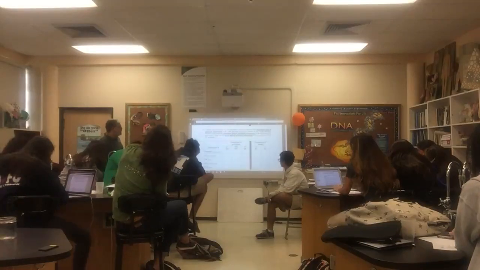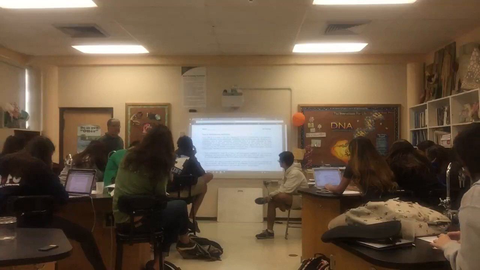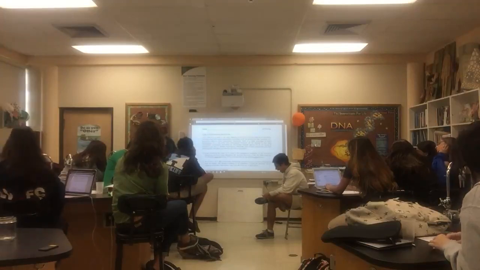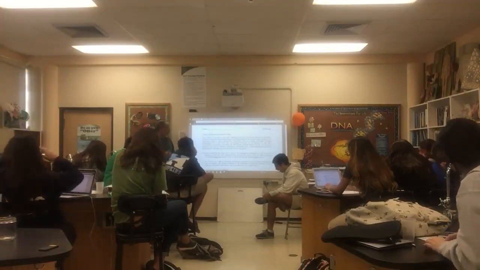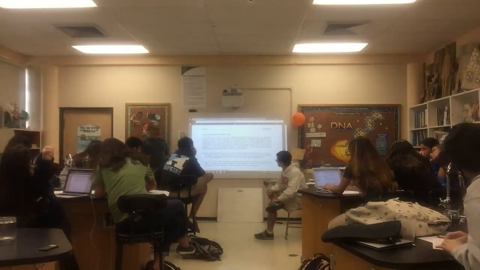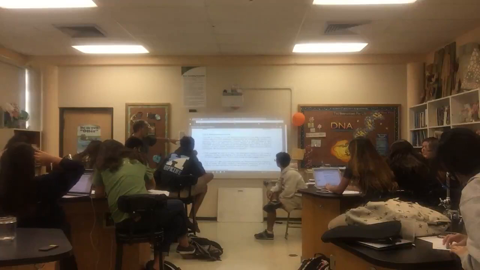Should we skip this one? Because it's very similar, right? I mean, you can predict or kind of say what you're gonna get, the number of heterozygous individuals. Let's see what's the condition. Are they gonna die? Okay.